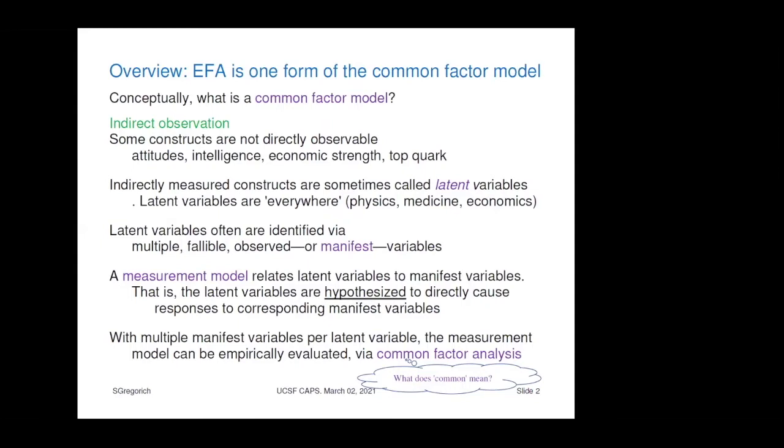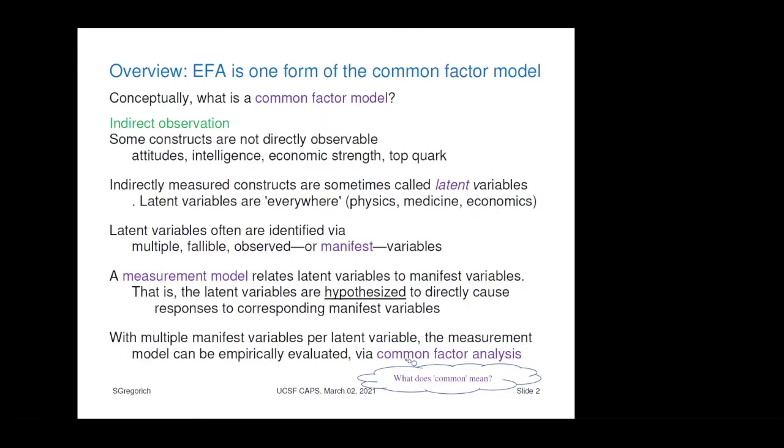You sample a set of respondents to respond to your items, and you're asking them, how much does this item describe yourself? And the idea is that the person's level of gregariousness causes their response to the item. If they think that the item which describes a gregarious person is like them, then they might say, well, yes, this statement describes me. But if they think it's unlike them, they would respond that this is unlike me.